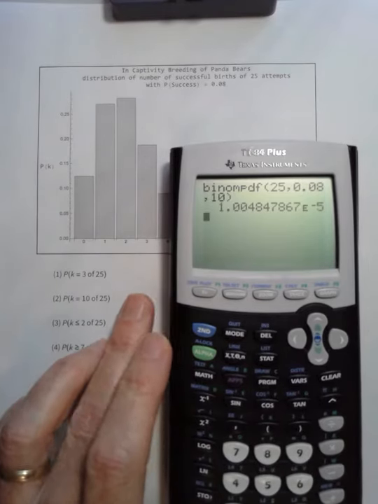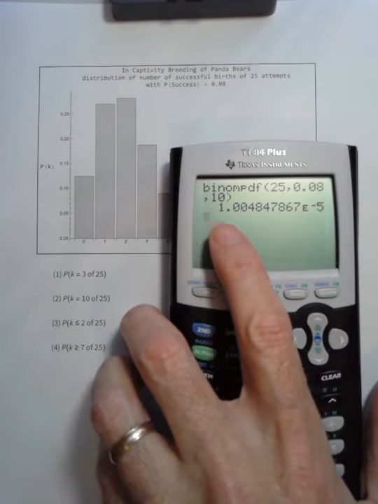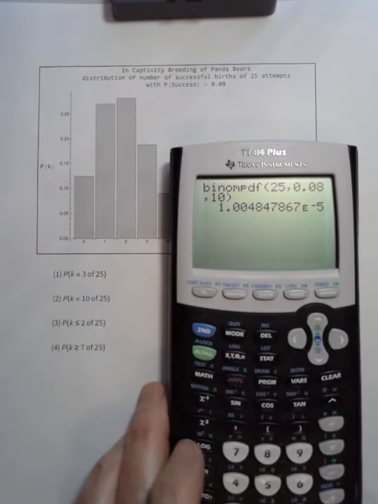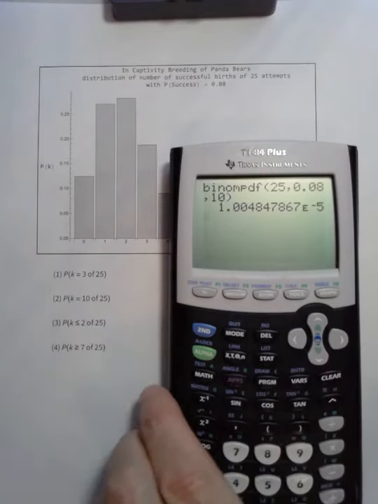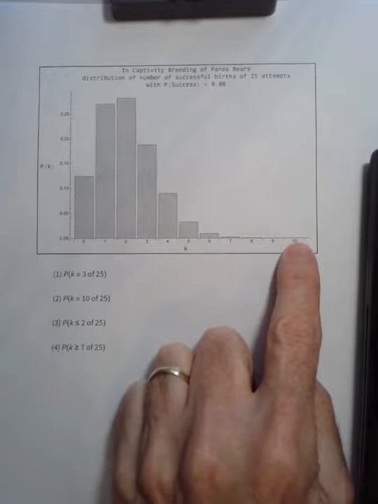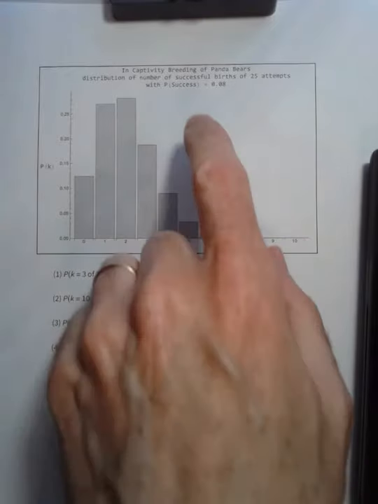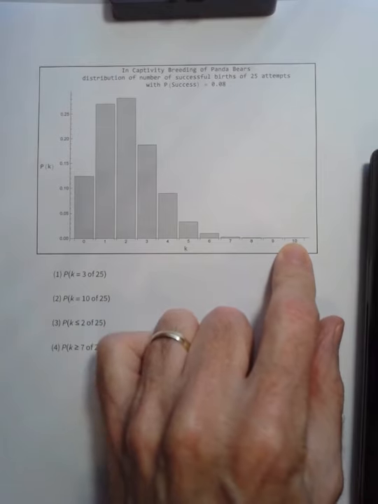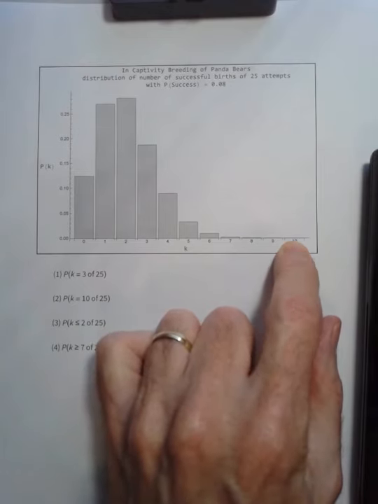It's actually 1.0 times 10 to the negative 5, or if we wrote that number out, it would be 0.00001. So a very small probability, and that makes sense because we're way out here on the chart, where if we only have an 8% chance of success, it's very unlikely that we'll get 10 out of 25, or 40% success rate in my sample.